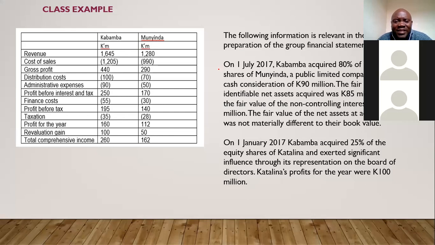So what does the examiner want here on this part? What does he want you to do? Doesn't he want us to calculate goodwill? Yes, he wants you to calculate goodwill. The last statement, what is he trying to tell you?